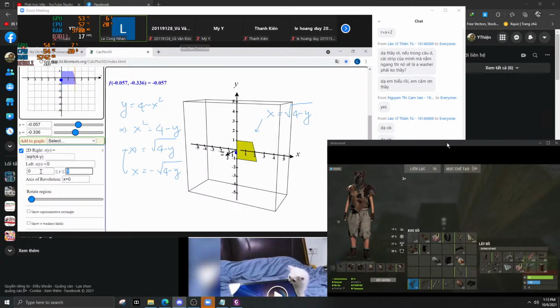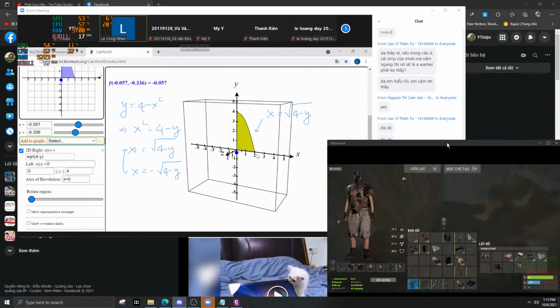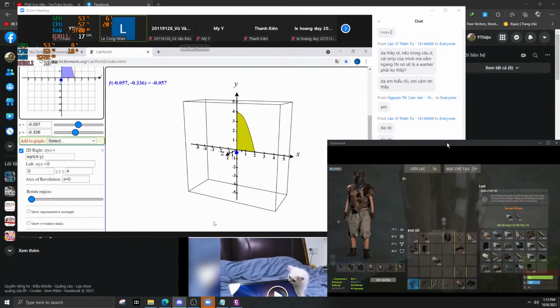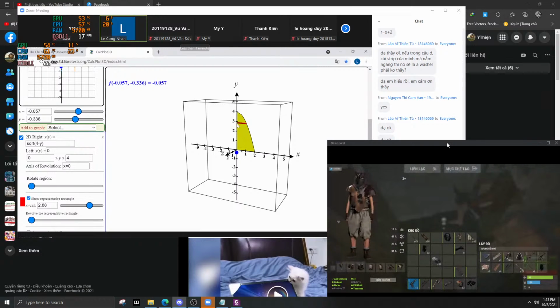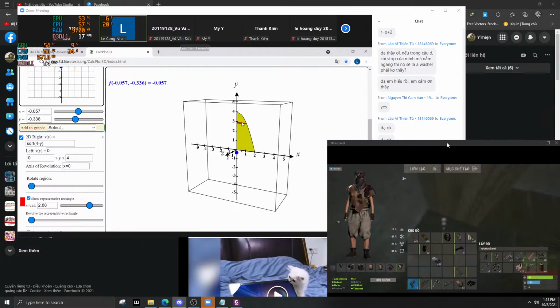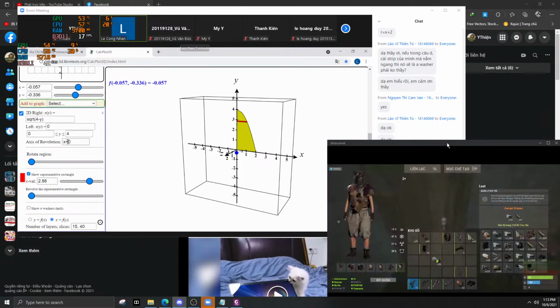So we have y from 0 to 4 for this region. Now we choose the representative rectangle. This is the horizontal rectangle, and if we revolve the rectangle about the x-axis, what do we get?